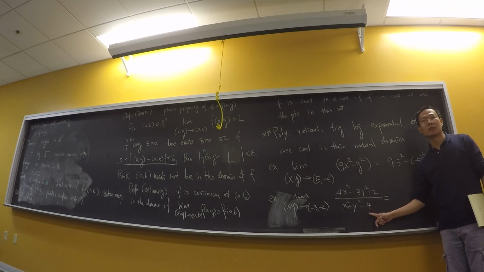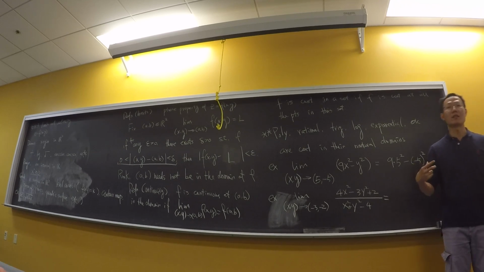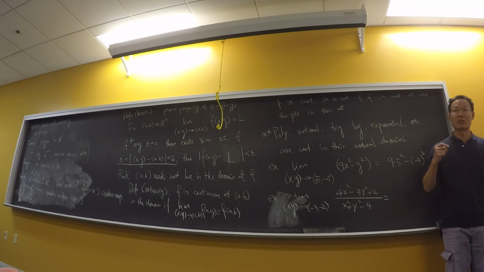Deleting a circle, am I right? x squared plus y squared minus 4 equals 0 defines a circle centered at (0, 0) with radius 2. So basically the domain of the function is a region in R2 where you have to delete one single curve. All the points, as long as they are not on the circle, will be in the domain.